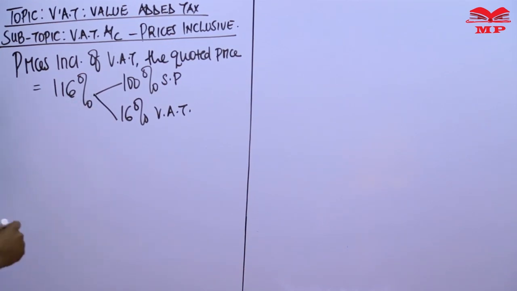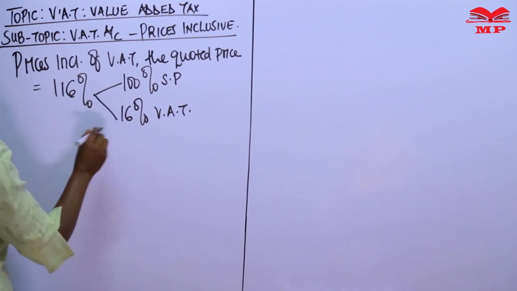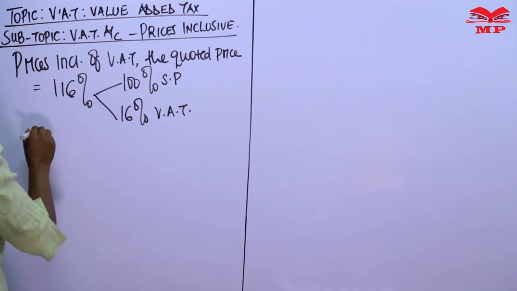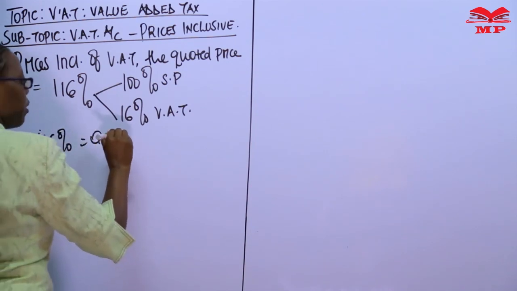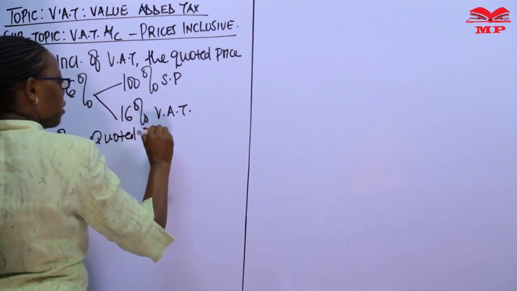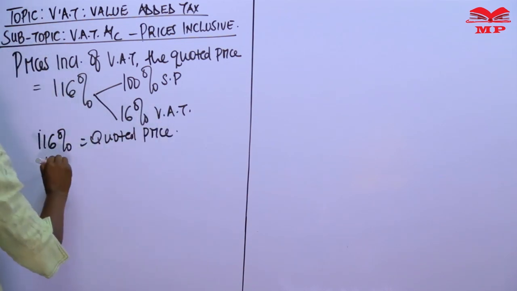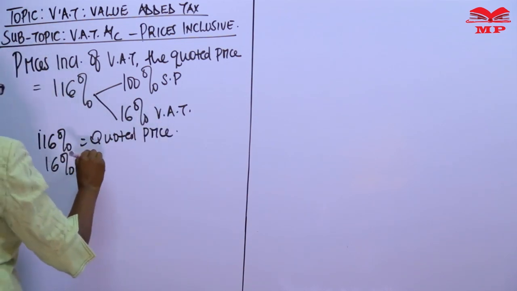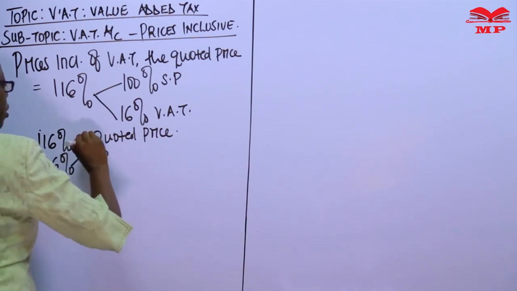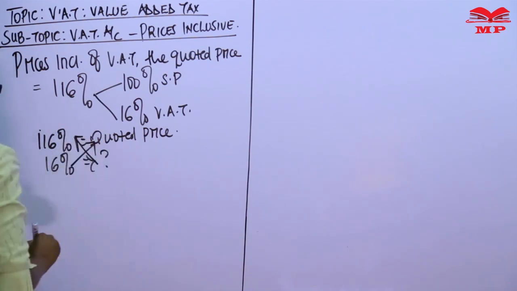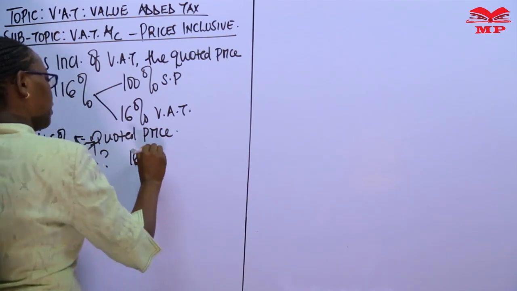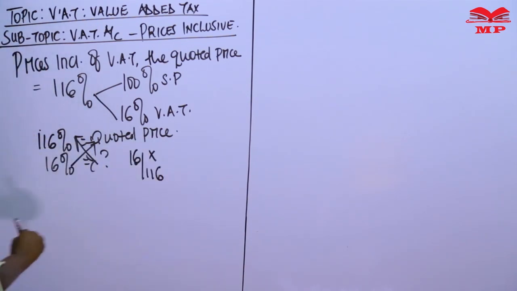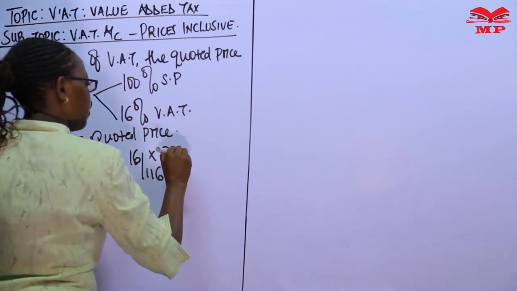So to get the VAT component, you can have 116% equal to the quoted price. So how about 16%, which is the VAT that you're seeking to compute? You cross multiply, so you will have 16 over 116 times the quoted price.